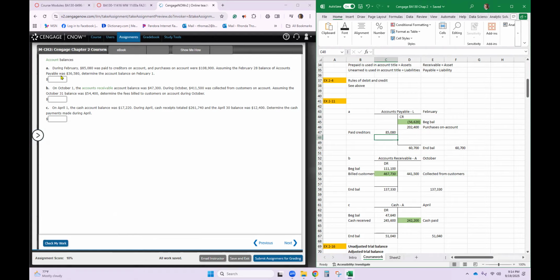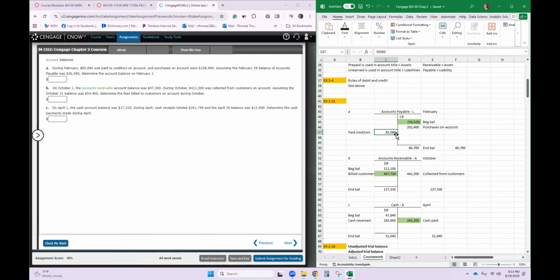Now I'm looking for, this says determine the account balance on February 1. So you have to have 3 of the pieces to find the 4th. They can't give you that without 3 of the pieces. So I'm going to plug in the 3 pieces. So paying creditors caused our accounts payable to go down $85,080.